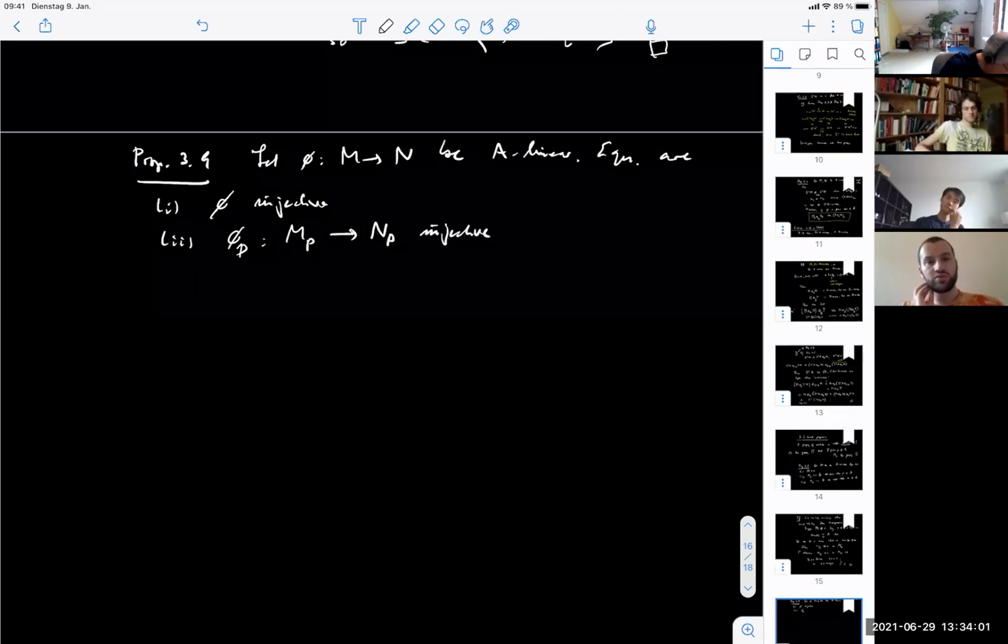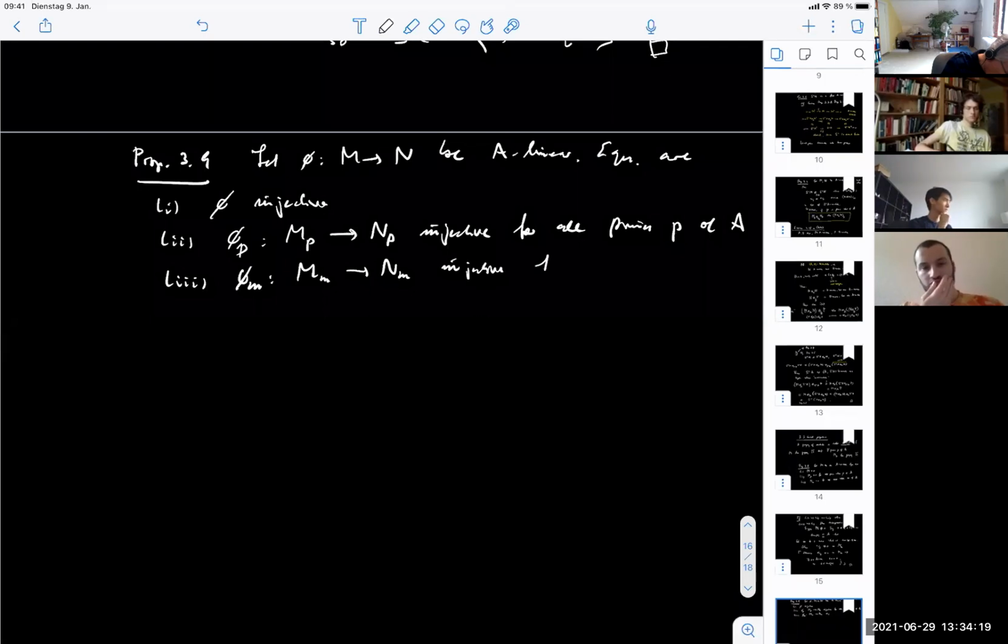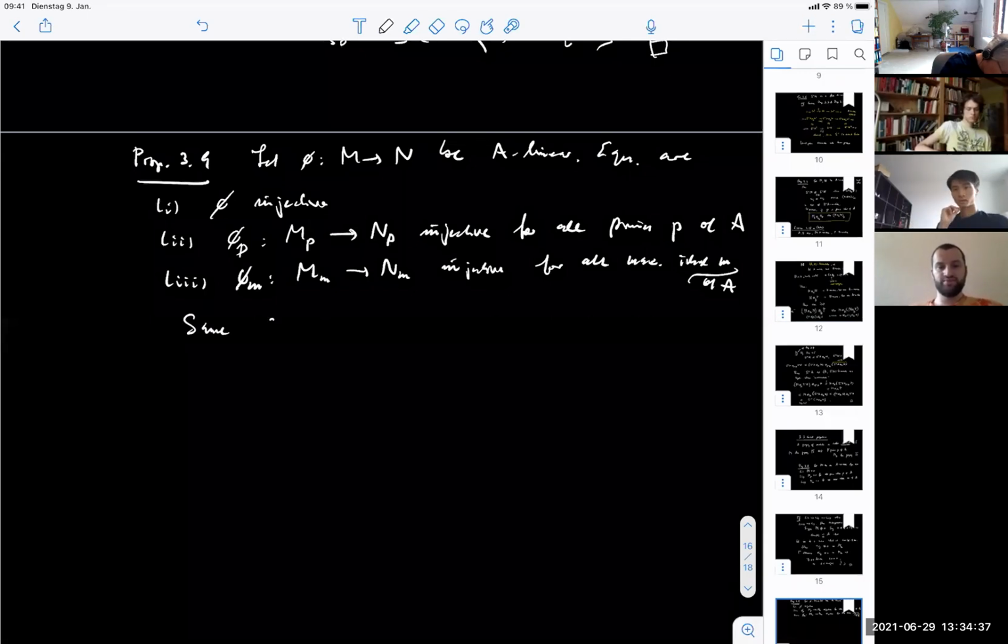The localization should be injective for all primes P of A. And the third statement is the analogous thing for all maximal ideals M of A. The same statement holds for surjective.